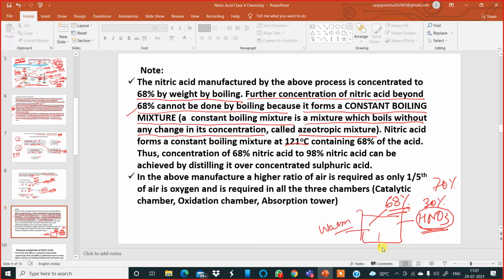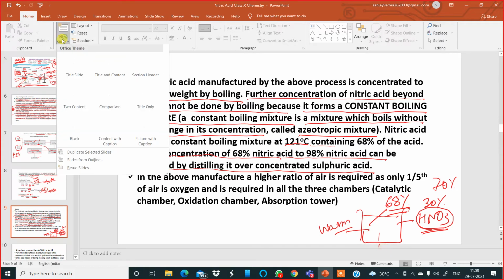Beyond 68%, if you want to increase the strength, you cannot apply boiling. You have to apply some other method, because at 68% and 121 degrees Celsius, nitric acid becomes a constant boiling mixture. So the concentration of nitric acid from 68% to 98% can be done by distilling it over concentrated sulfuric acid. So what is this called?